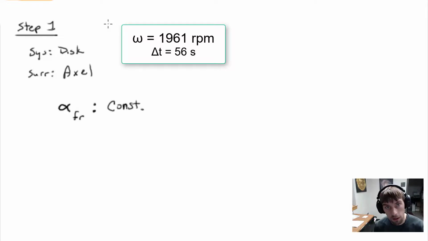We don't have the angular acceleration. That's what we want to find. So we need an expression that includes the angular acceleration and doesn't include the angular distance. And we say, aha, we have that. That is simply the straight out definition of the angular acceleration.